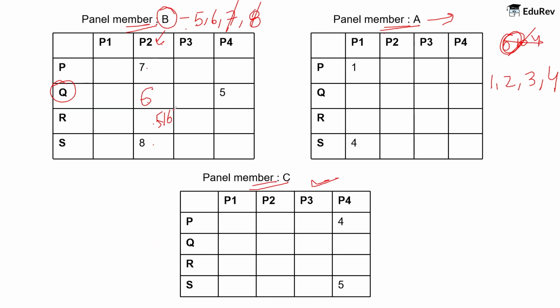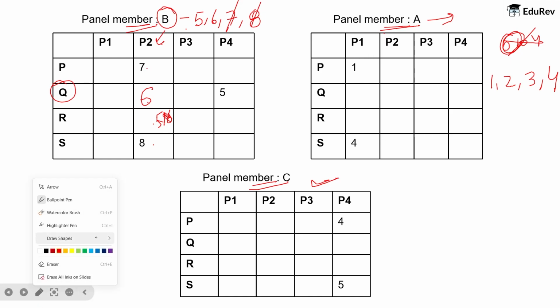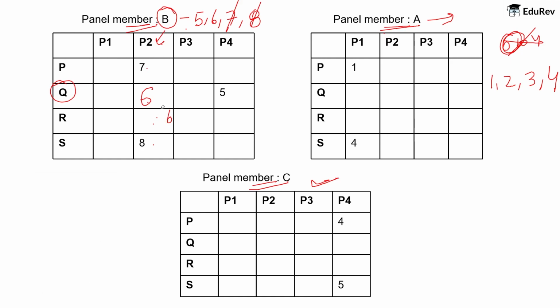And now what is the remaining possibility? 6 gets out. The only possibility for the score of R in parameter 2 is 5. So I have filled this particular column. So the score is 5, right? I hope this is clear to everyone. Okay, so now I have filled in this particular parameter for all the candidates. I have the score given by B.